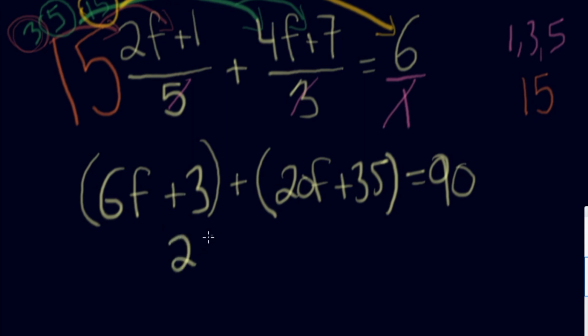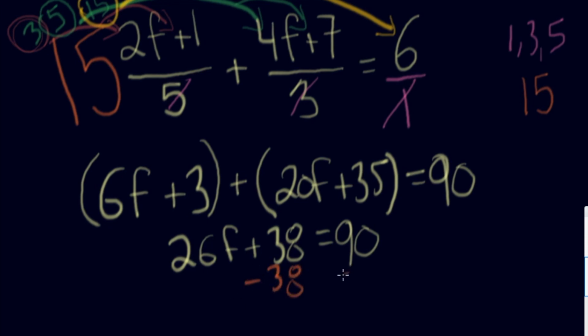So we'll have 26f plus 38 equaling 90. Let's go and subtract both sides by 38. And what are we left with? We're left with 26f is equal to, I'm running out of room.